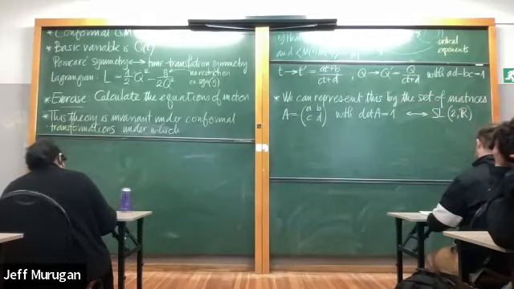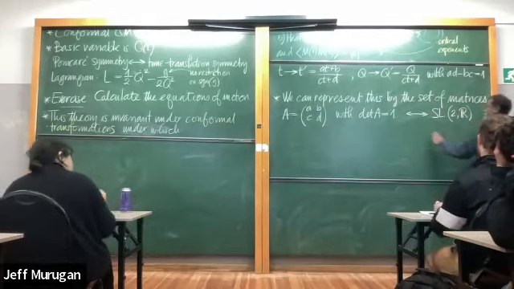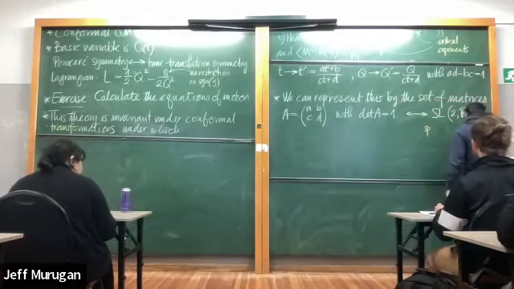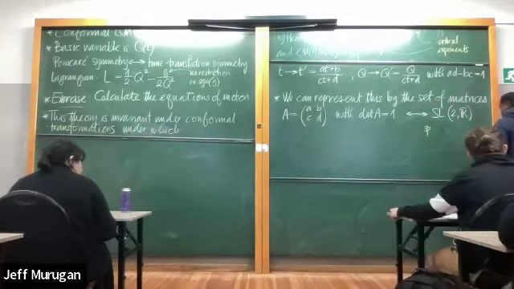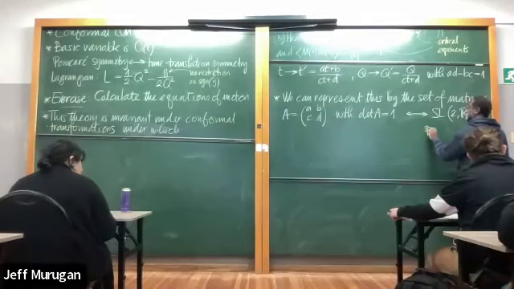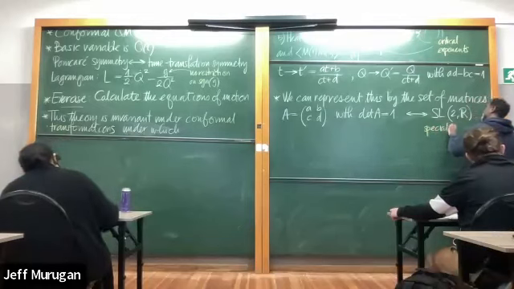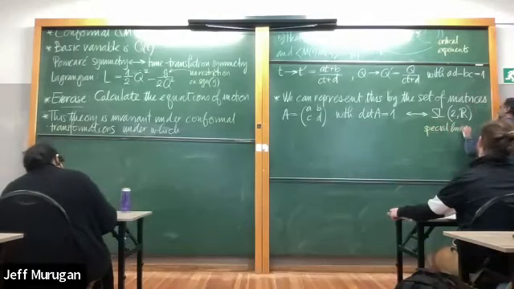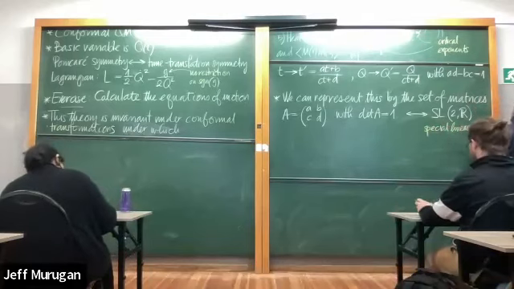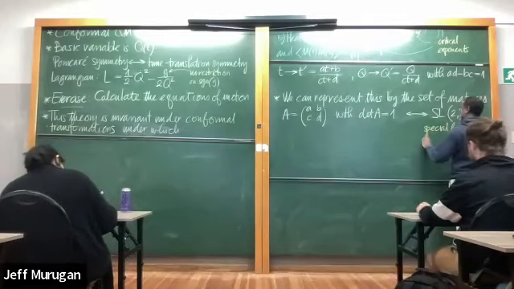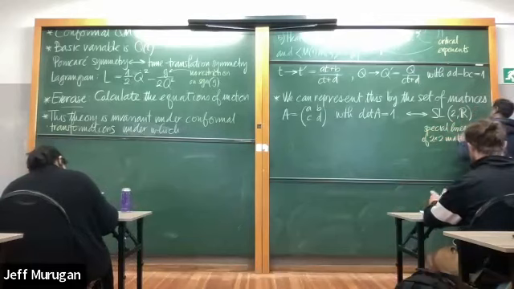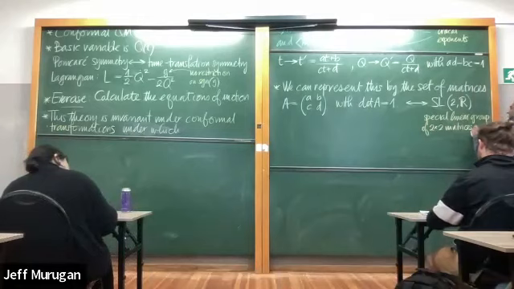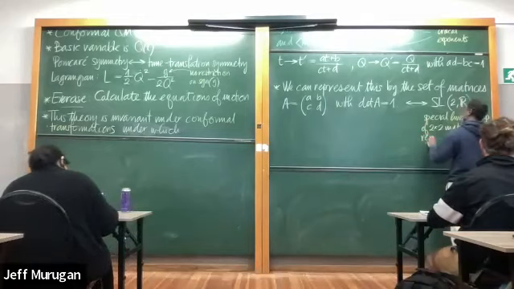Okay, so this is abstract algebra. This is called the special linear group of 2 by 2 matrices with real entries.